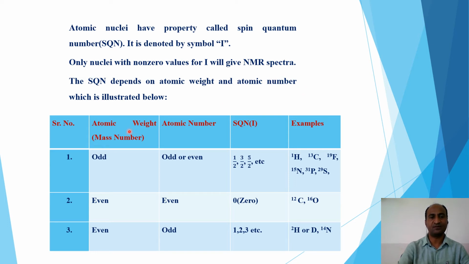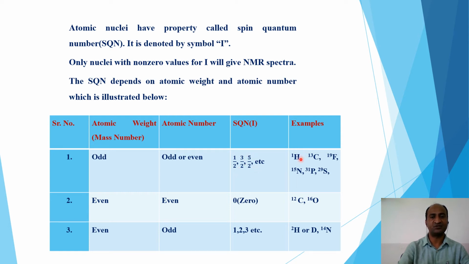In this table you can see the atomic weight, mass number, atomic number, spin quantum number value I, and examples. For example, if the atomic weight is odd and the atomic number is even, the spin quantum number value I is a half-integer value: 1/2, 3/2, 5/2.